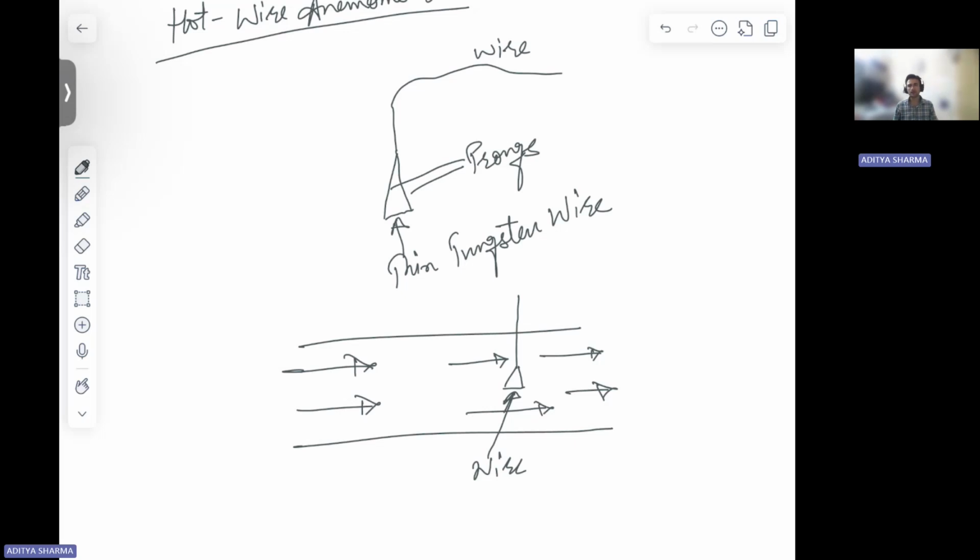This temperature drop is going to change the resistance of this wire, and from this change in resistance we get the velocity fluctuations happening in whichever region we are interested in. So this basically is your hot wire anemometer. And using King's law, we can get the velocity.